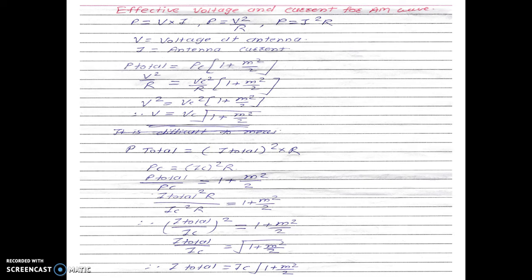Our information is transmitted from the transmitter to the receiver section. So these are the total power distribution, current distribution and effective voltage in terms of modulation index and carrier power. All these are the expressions.